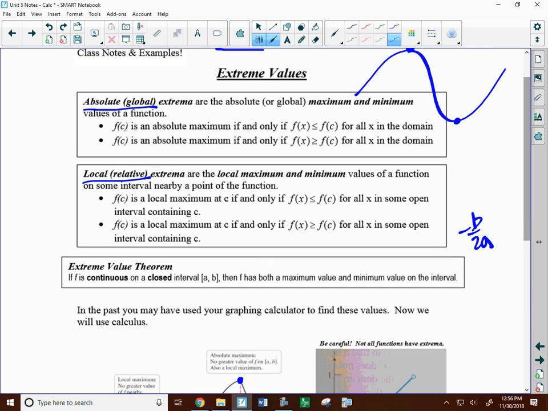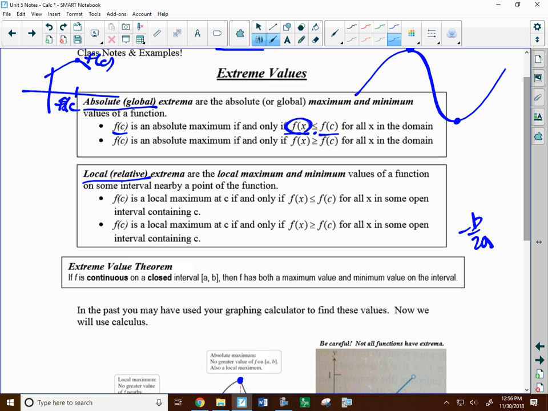That's how we define global or absolute max and min. Here's the mathematical way we write it. F of C, that's the y value. So we're at C, and it's a global or absolute max if the y coordinate, F of C, is greater than or equal to any other y values, f of x, in the function.